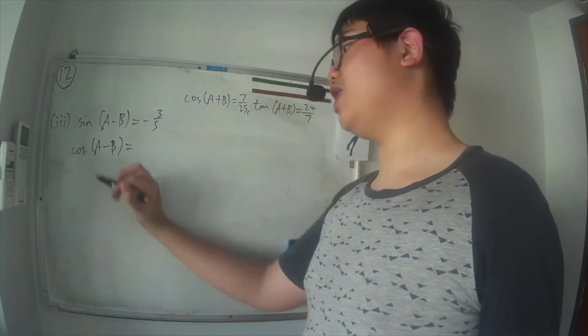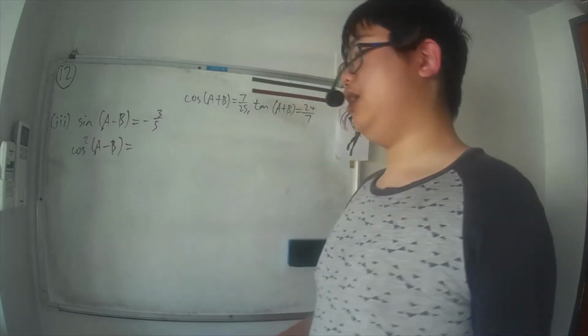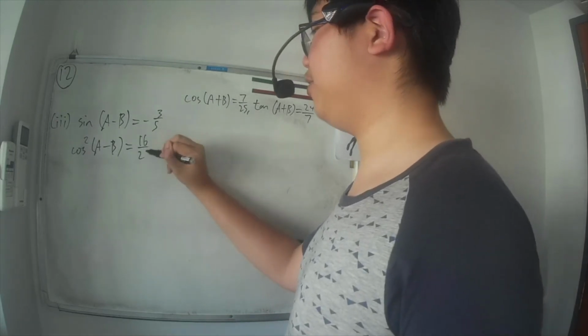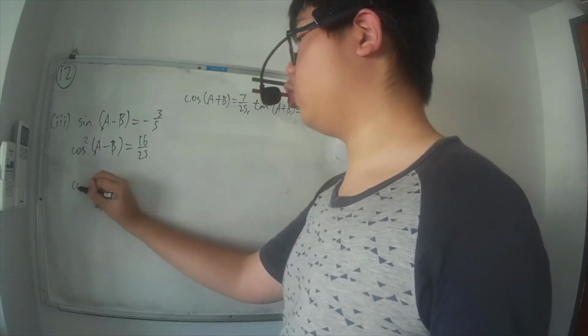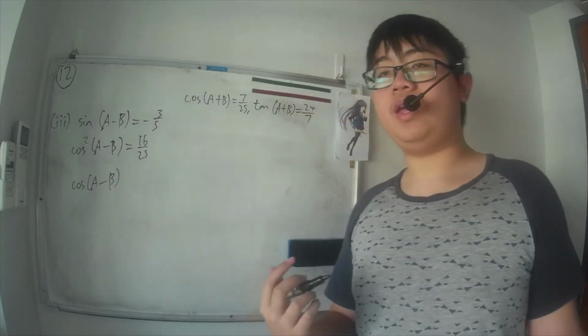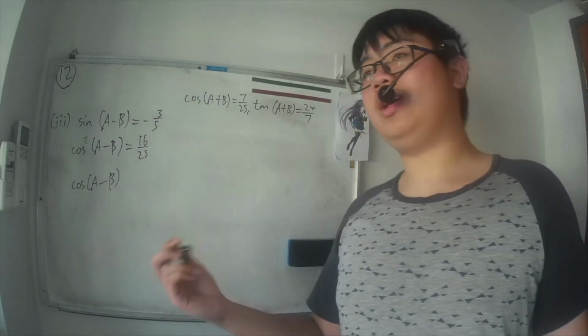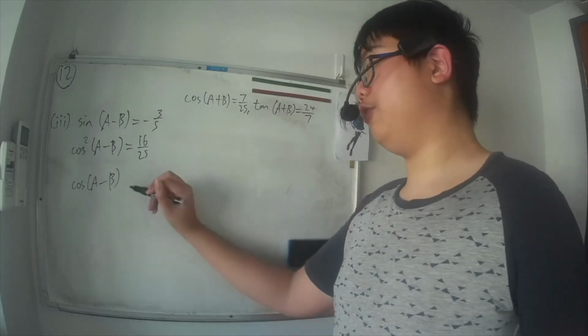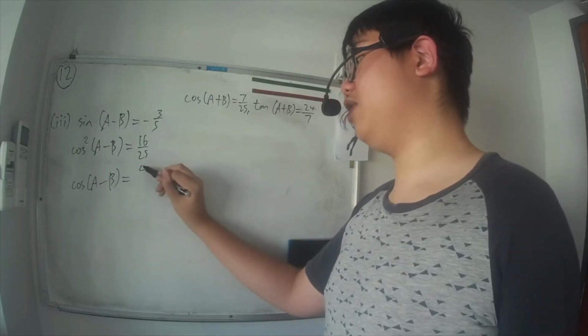Well, cosine squared of A minus B, when you square this is 9 over 25, so this is 16 over 25. Therefore, your cosine of A minus B, because angles A and B are both acute, you will get a negative acute angle. But if it's negative acute, it is the same as the positive acute for cosine. So this is positive 4 over 5.